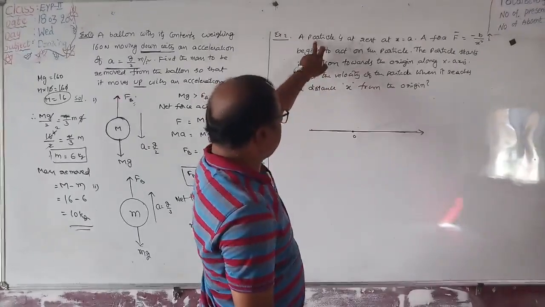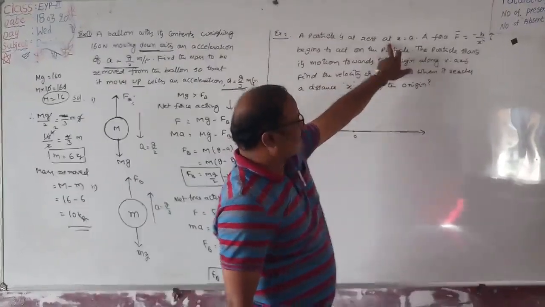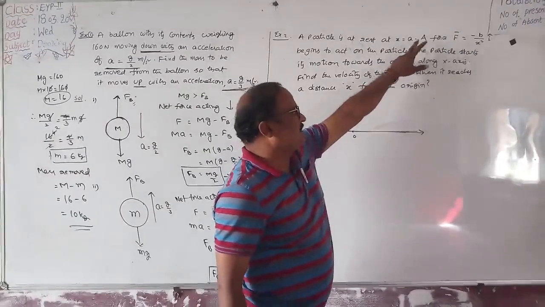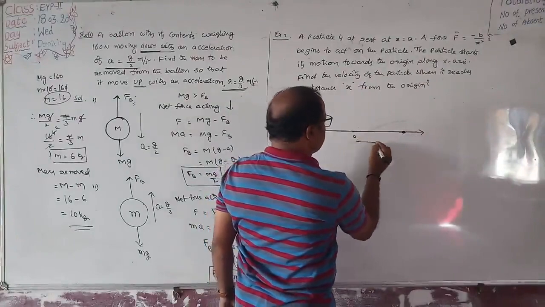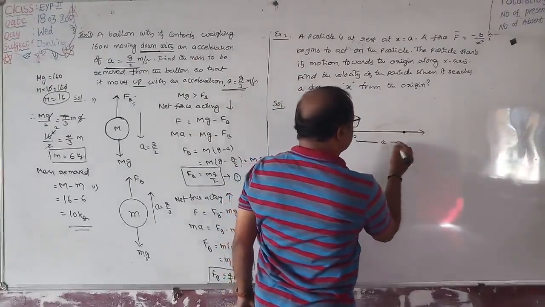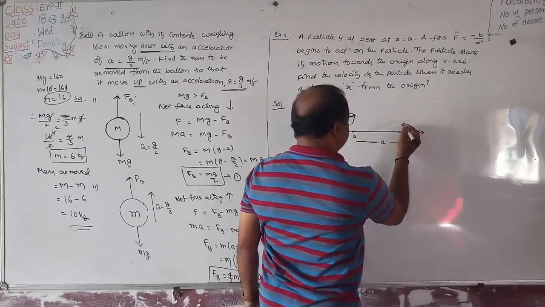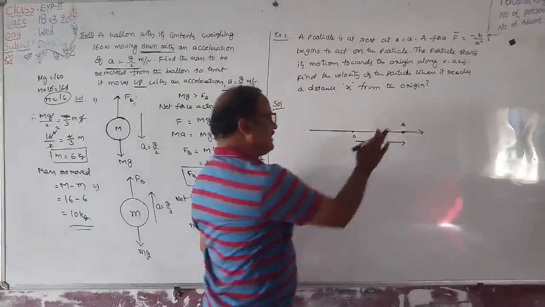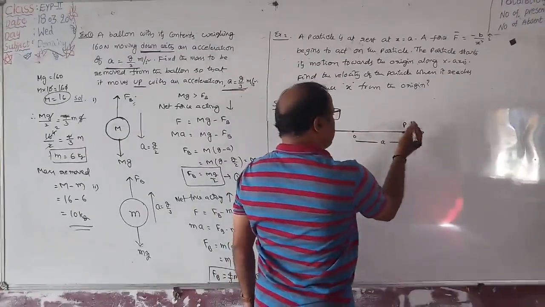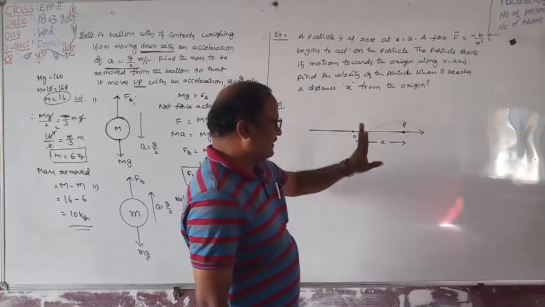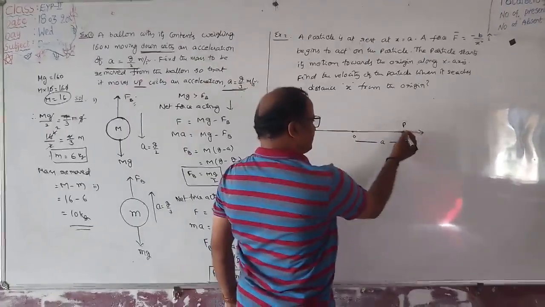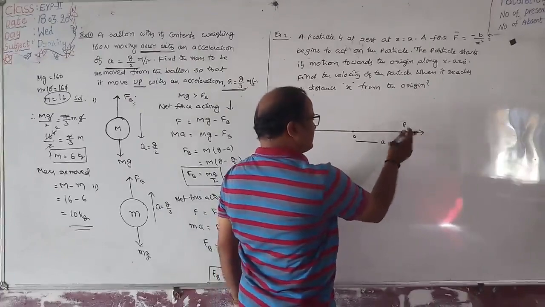So initially, the particle is at rest at what point? x is equal to a. Suppose this is the point A, or the distance of the point from the origin is equal to a. Or P, any point on the x-axis, whose distance from the origin is x. The mass of the particle is small m, which is lying at the point.